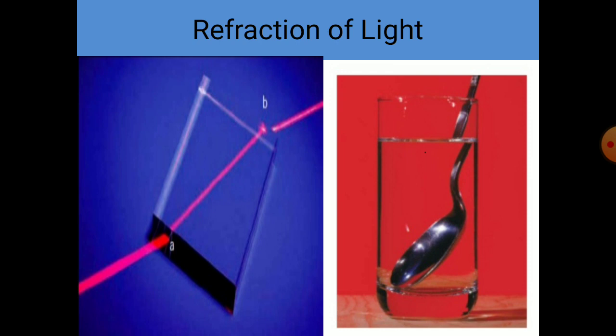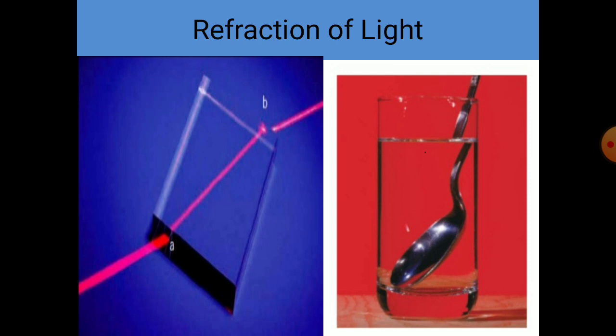You can see in the diagram a laser torch is focused on a glass slab, and when this ray of light coming out from the laser enters the glass slab, it deviates from the straight line path it had in air. Similarly, when the ray of light comes out from the glass slab, it deviates from its straight line path.